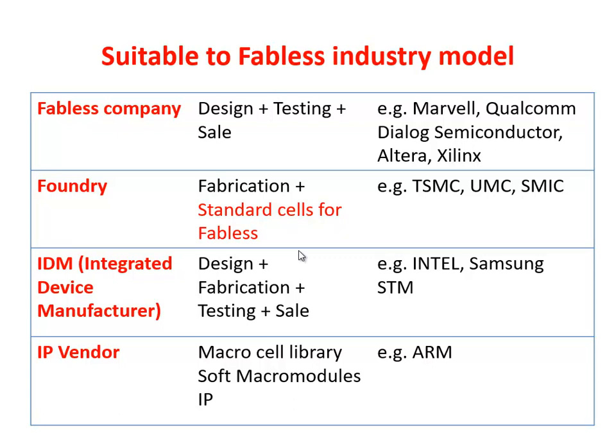And in this model, you also have IP vendors, the last line here. The IP vendors are companies that only sell the macrocells, which a fabless company can put in the design. And there are relatively huge companies which thrive on that.